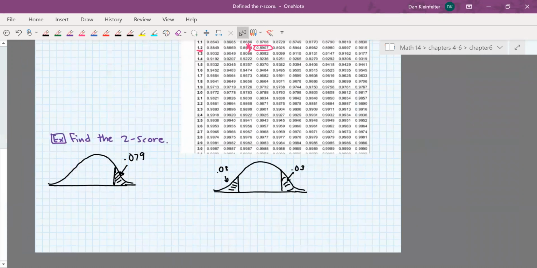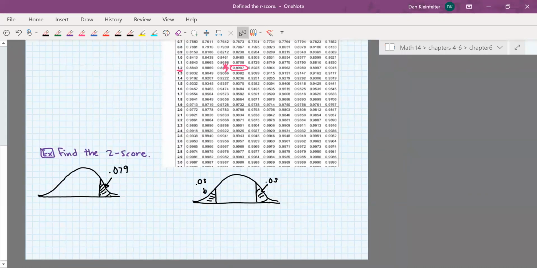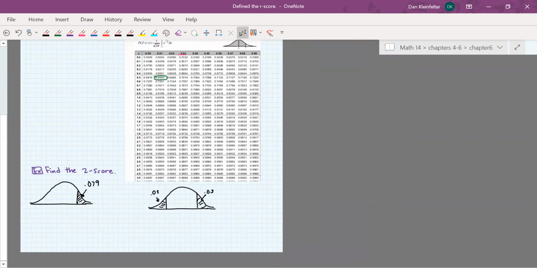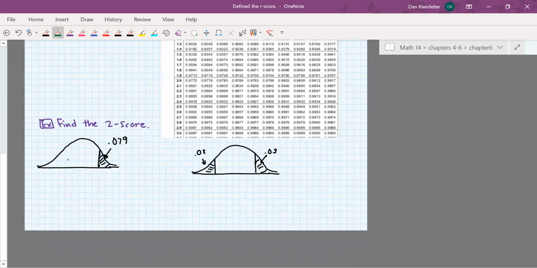Okay, two more. For this next one, we want to find the z-score that separates an area of 0.079 to the right. Again, subtracting from 1, because our table just tells us the area to the left of z, we'll get 0.921. How we got that was 1 minus the 0.079 that is on the right.